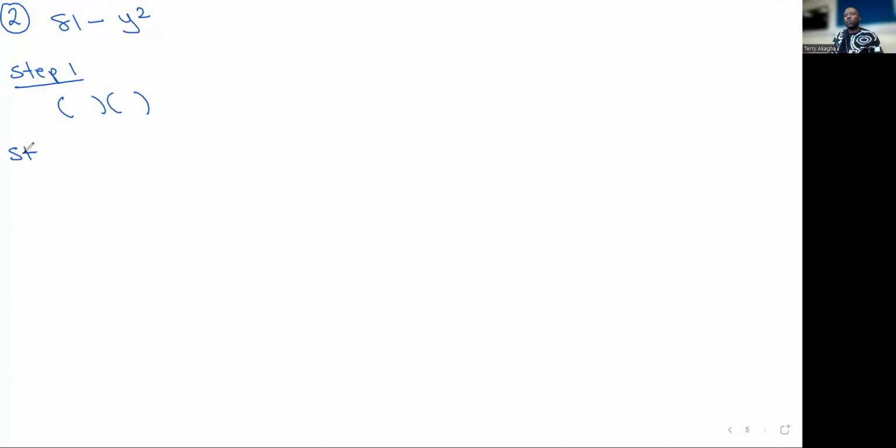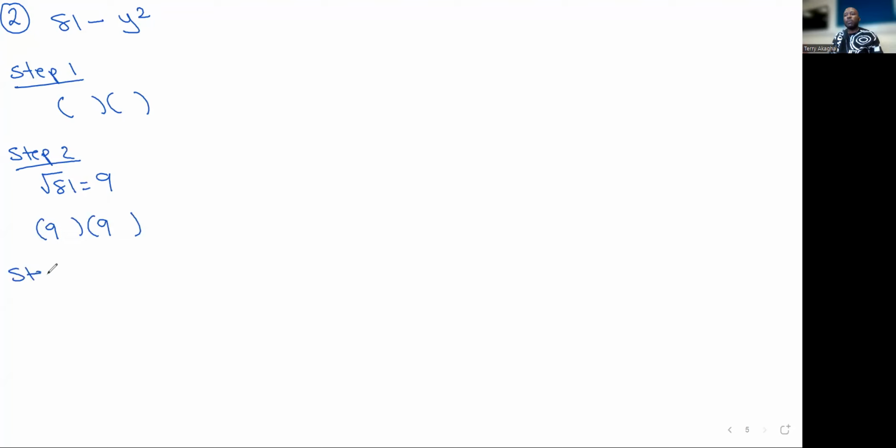Step 2, we have to find the square root of the first term and put it on the left-hand side. The square root of 81 gives us 9. Then put it on the left-hand side, so it's going to give us 9 in each bracket.